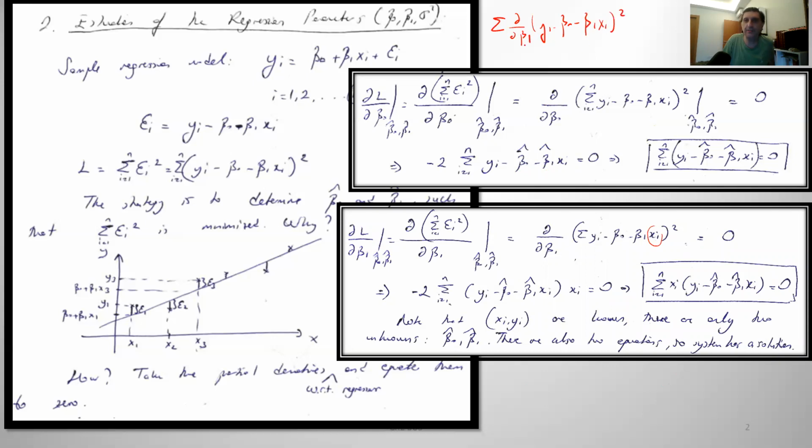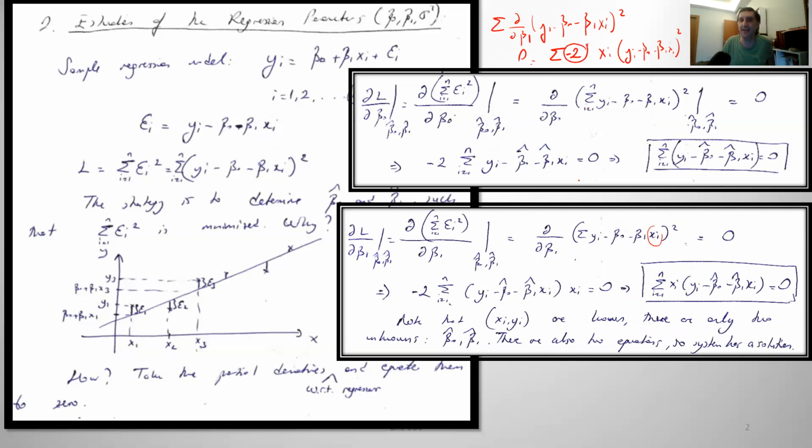When you take the partial derivative with respect to beta 1, this is going to be again 2 times, this time with a coefficient of minus xi, times (yi minus beta 0 minus beta 1 xi). This is going to be equal to 0. Again, that minus 2 can be taken out.